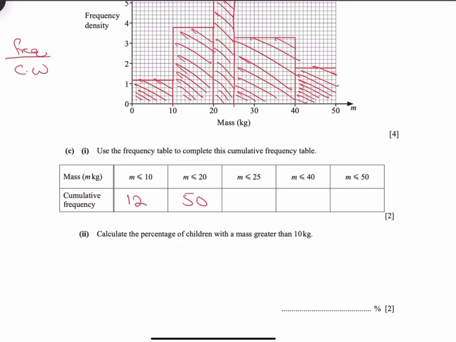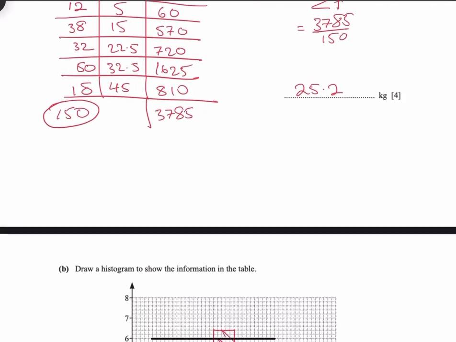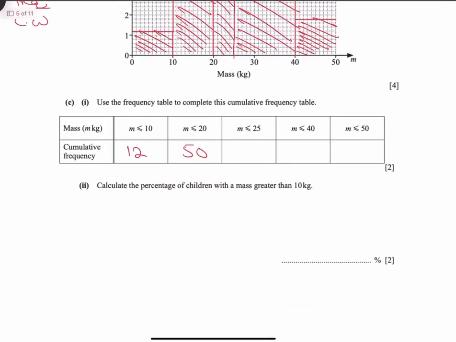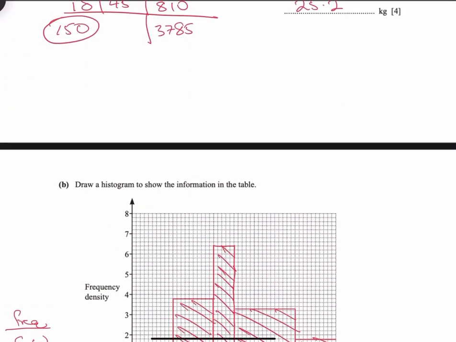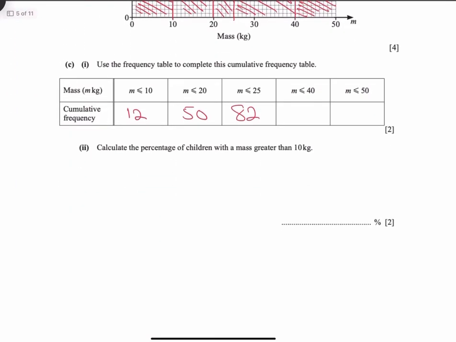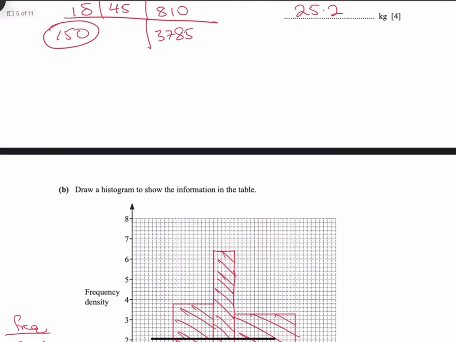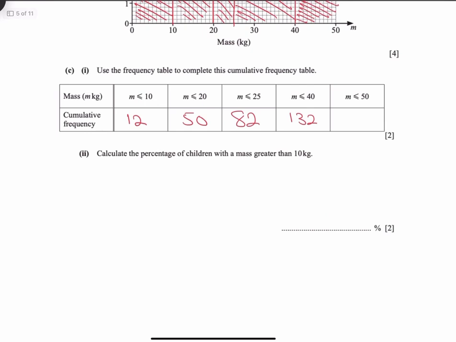Less than 25, you add up 32 plus the 50, which is 82. Then you go 50 plus 82, which is 132. Then finally 18 plus 132, which is going to give you 150.